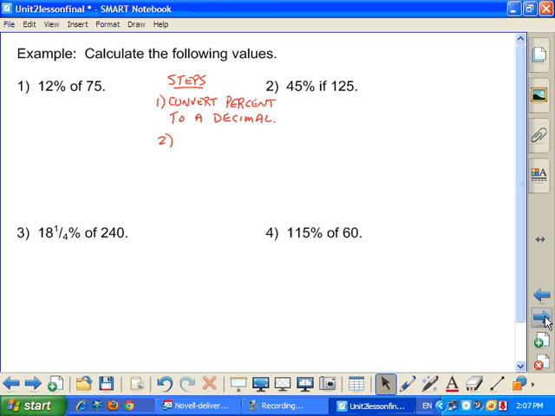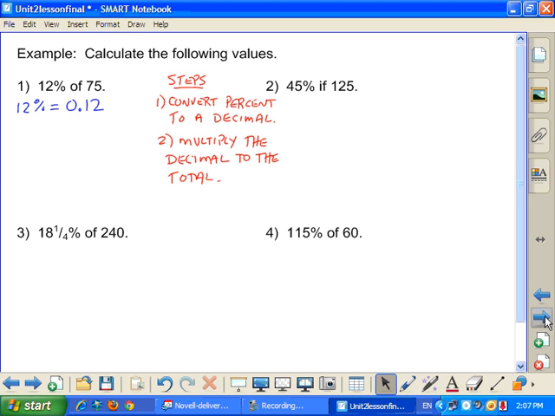So that's your first step when you're doing this question. So I'll do number 1 at the same time. So that means that 12% is equal to 0.12. Your second step is to multiply the decimal to the total. And the total is how much you have.